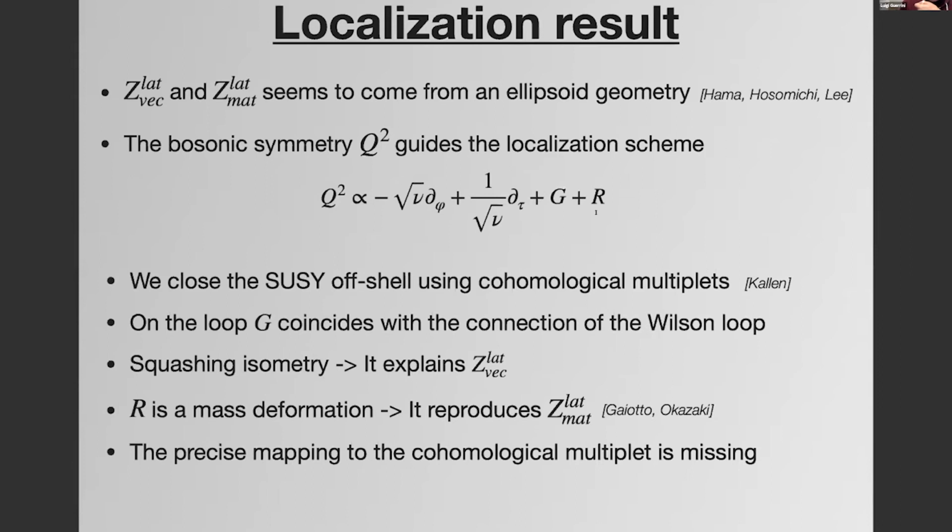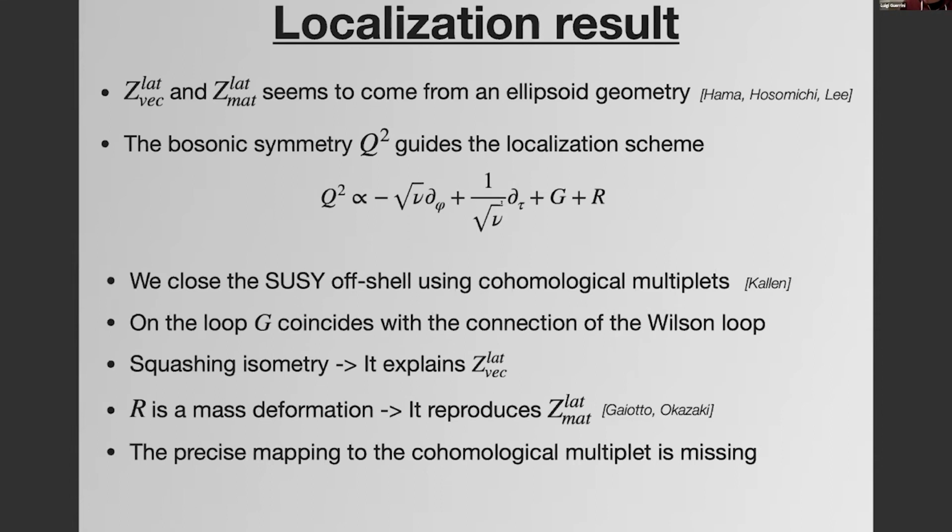The important fact is that this gauge transformation coincides with the connection of the latitude Wilson loop. This is important because it allows us to argue that the BPS locus is characterized by two constant matrices, one for each gauge group, as in the standard localization.